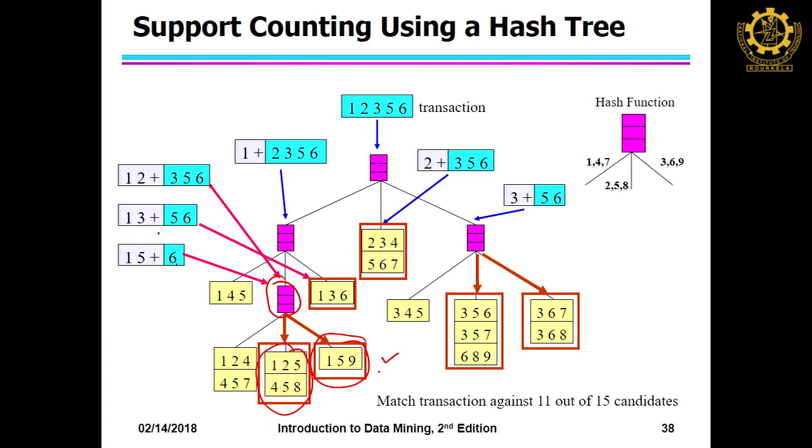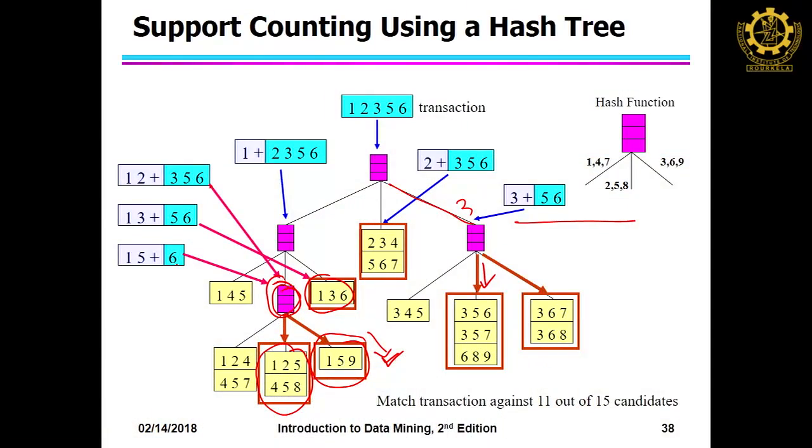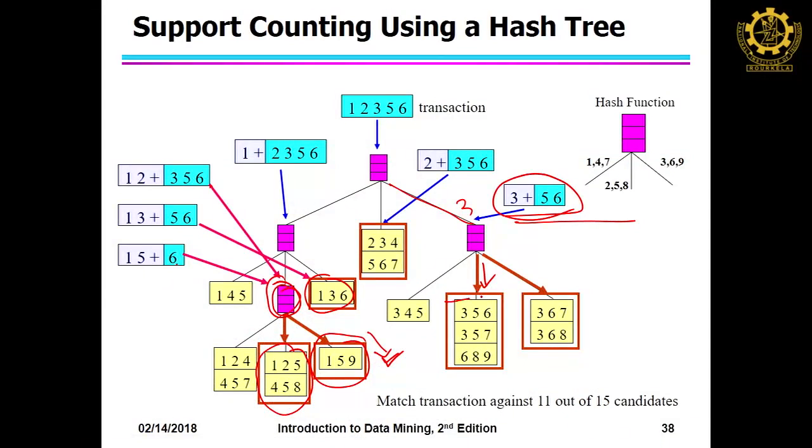So, it will generate 1 3 5 and 1 3 6, 1 3 means it will go to the right side. 1 is already here. 1 3 5 6 means here only, and 1 5 6 is here, 1 already, and then 5 and 6 will be here. Similarly, you get 3 5 6, 3 was first here, then 5 means it will come here, and 6, but you should have 3. So, 3 5 6 will be one entity. So, you must search here.